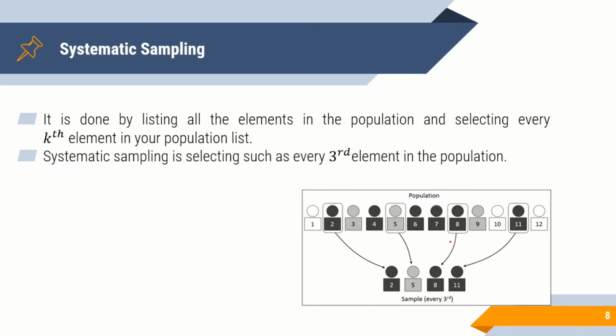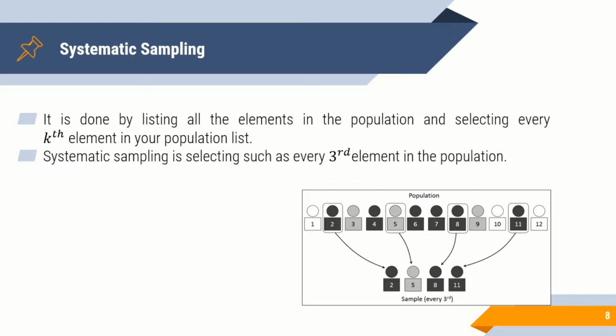Next, first, second, third. Then 11 is also included in the sample. So in this figure, the samples included are 2, 5, 8, and 11. We use every third element in the population to choose who will be included in the sample.